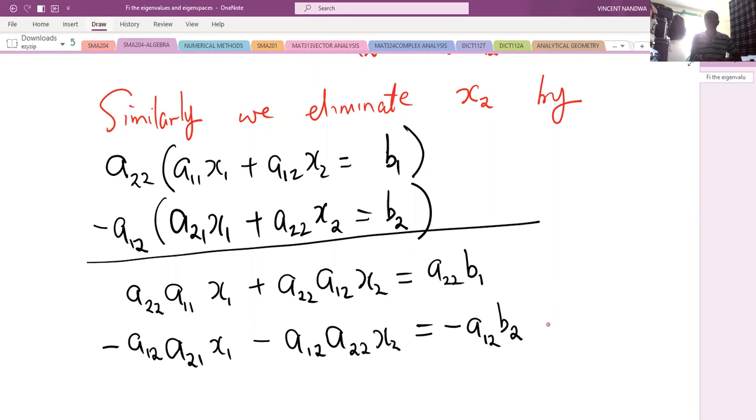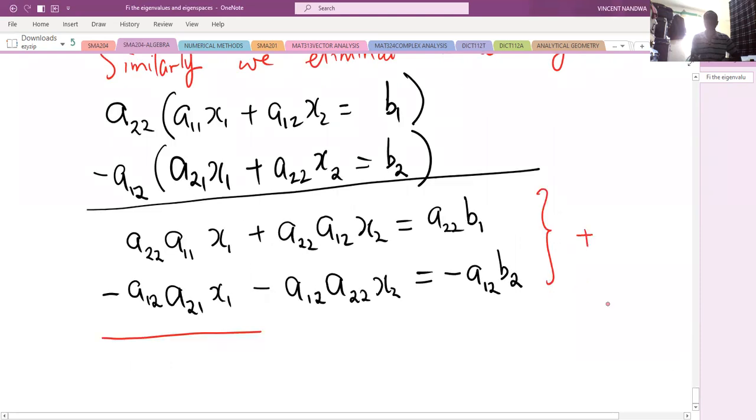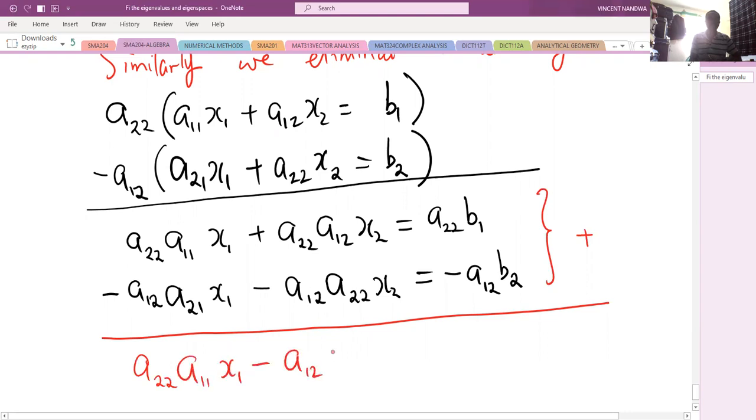And then we add these two equations. Adding, a22 a12 plus negative a12 a22 gives 0. So this will give us a22 a11 x1 minus a12 a21 x1 equals a22 b1 minus a12 b2.